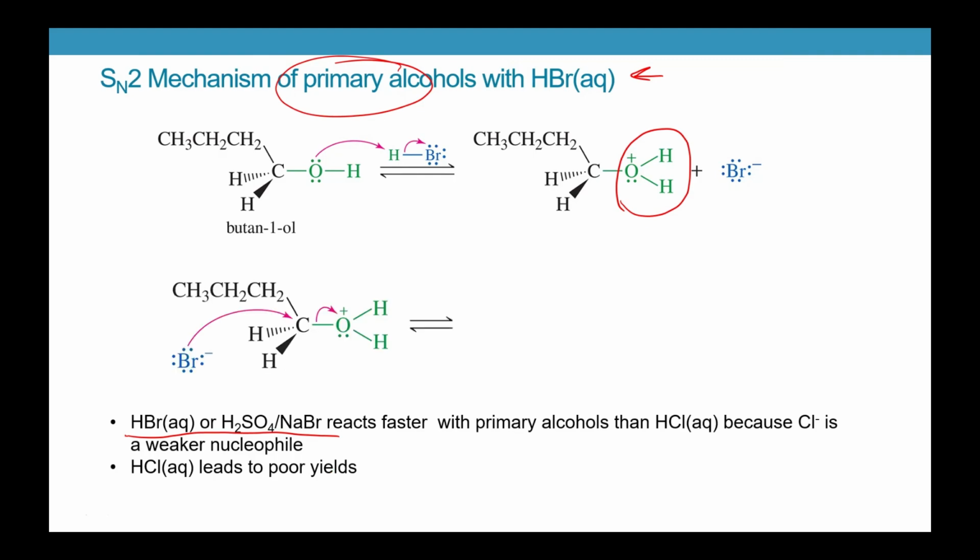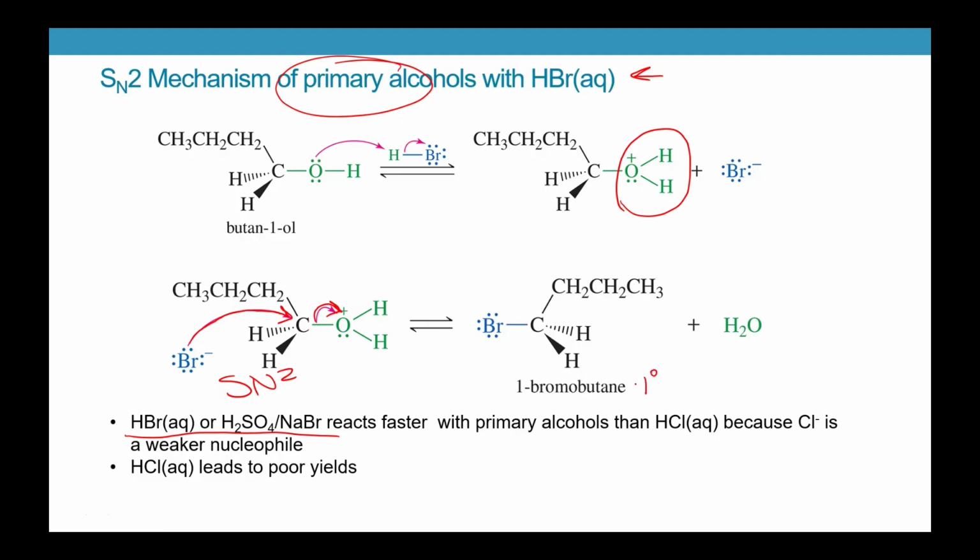Rather, we're going to have an SN2 reaction in which the nucleophile attacks at the same time as the leaving group leaves. So that allows for the substitution to occur and a primary alkyl halide to form. Now, because this is an SN2, the backside attack is going to lead to inversion of stereochemistry.